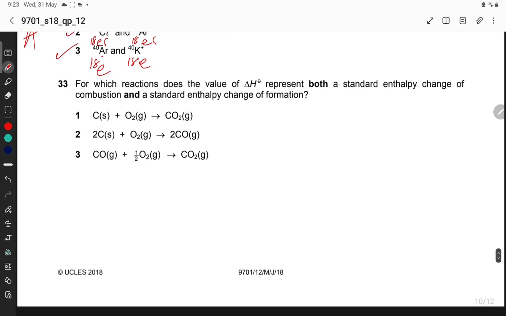Question number 33, for which reaction does the value of delta H represent both a standard enthalpy change of combustion and a standard enthalpy change of formation?